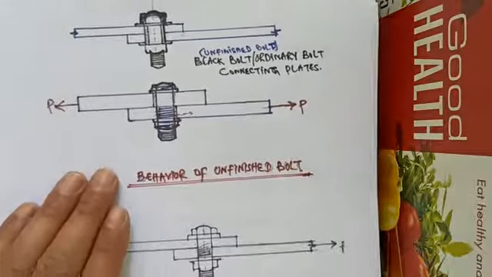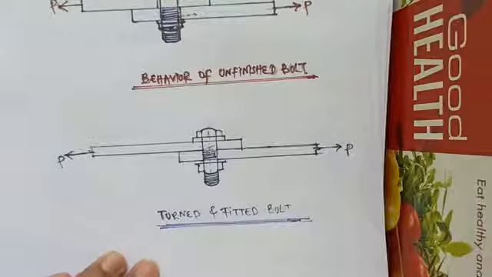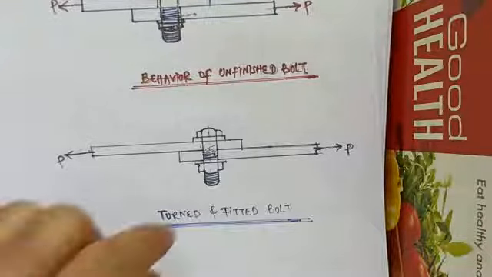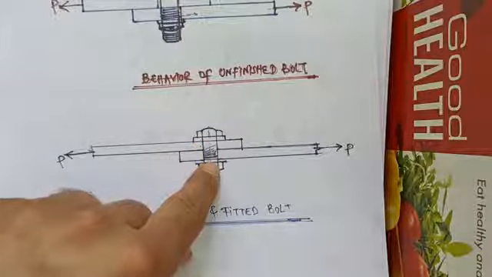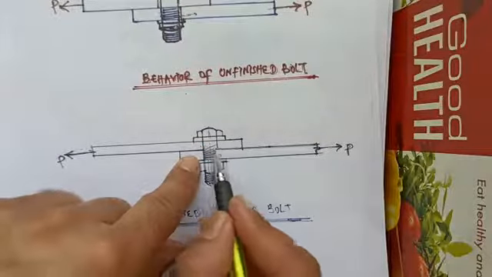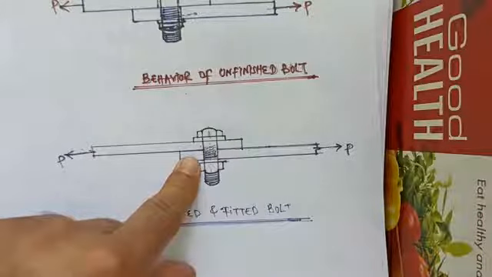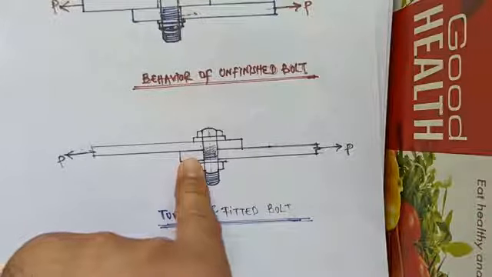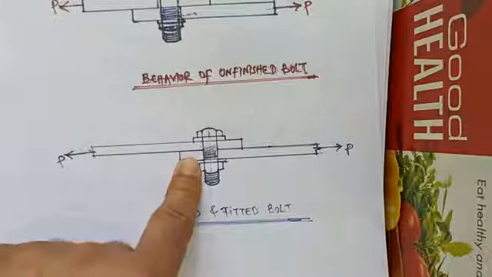Whereas, in the case of turned and fitted bolts, when the plates are subject to load, since the bolt fits tightly in the drilled holes of the plates, no slip would occur because these are tightly fitted in the holes. So there is no possibility of any slip.